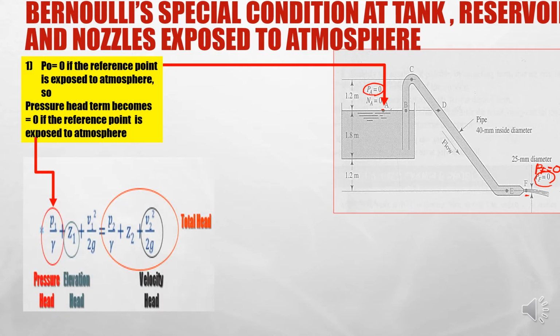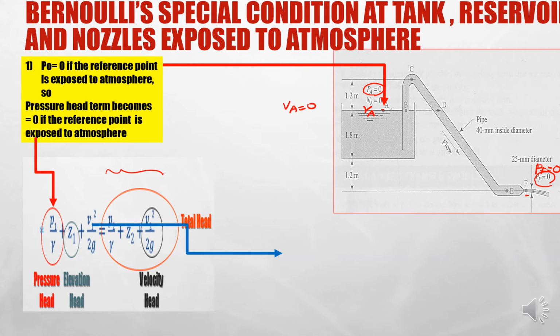If we look back at Bernoulli's equation for the total head, it does have an effect, because the P1 term here will be 0. Not just that, in fact the velocity here, VA, will be equal to 0.